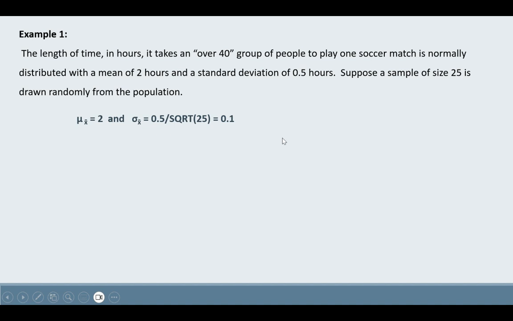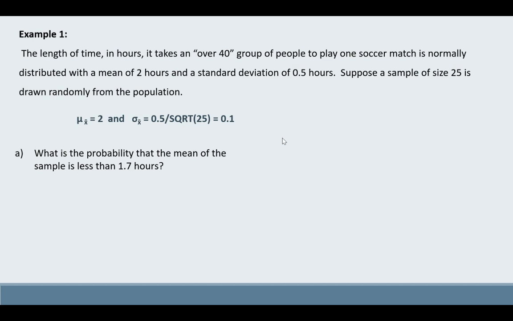And now that we have our new mean and standard deviation, now we can start asking our probability questions. So remember that no matter what this original distribution was, normal, uniform, exponential, something else, the sample means are going to be normally distributed. So what is the probability that the mean of the sample is less than 1.7 hours?